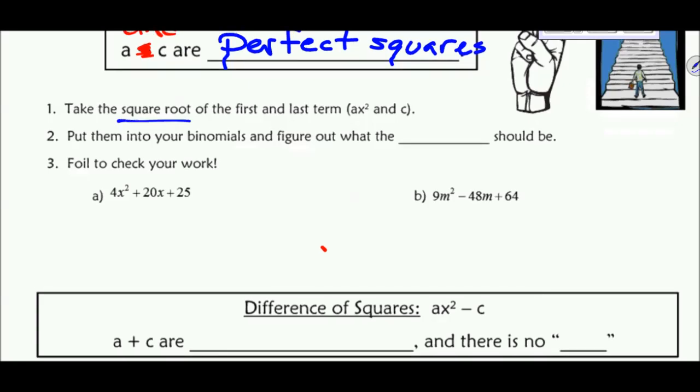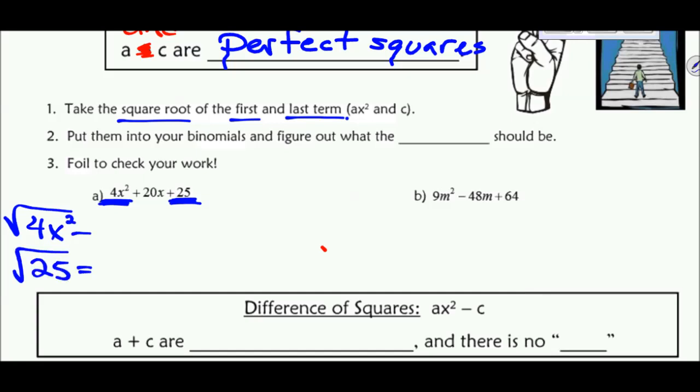You're going to take the square root of the first term and the square root of the last term. Basically, that's almost it. You're just going to put those together as the only factor.